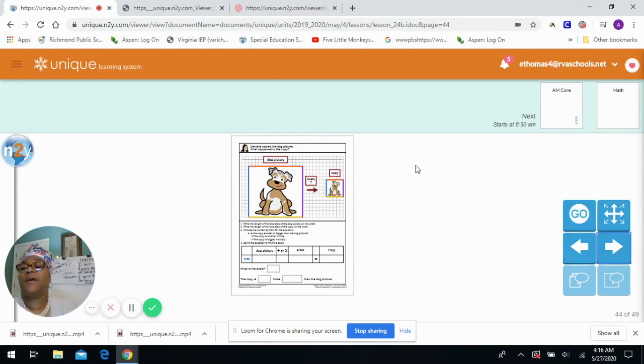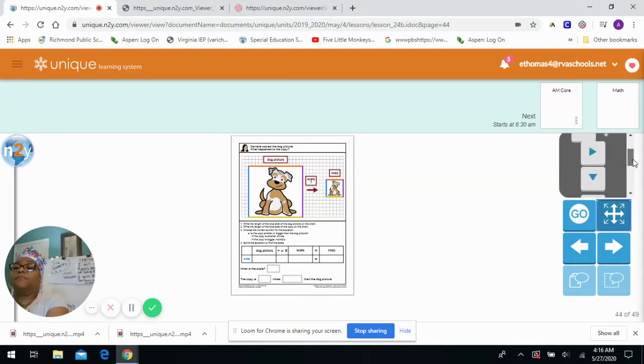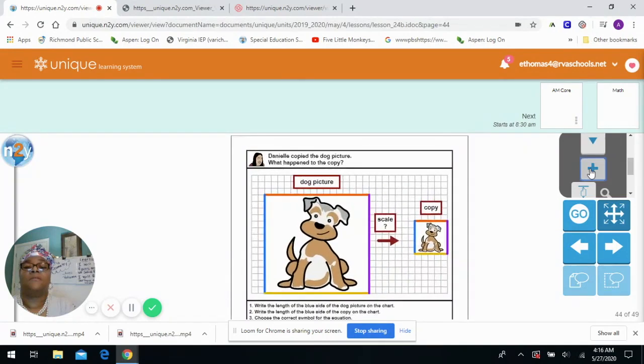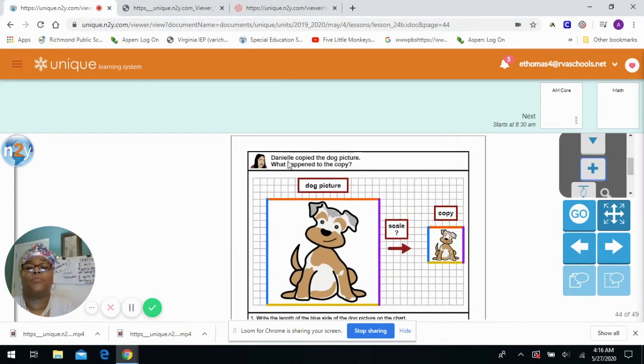All righty. So now we're talking about doing things according to scale. Let's see. Okay, Danielle copied the dog picture. What happened to the copy?